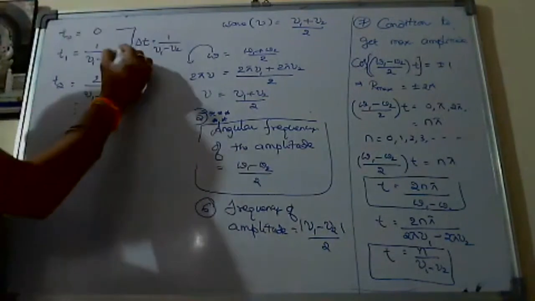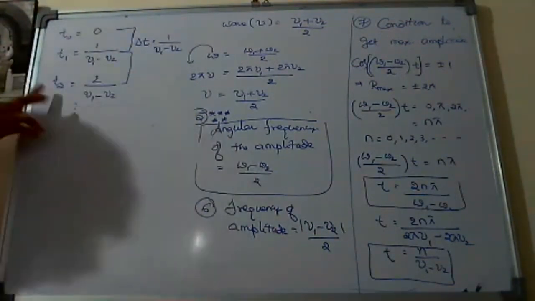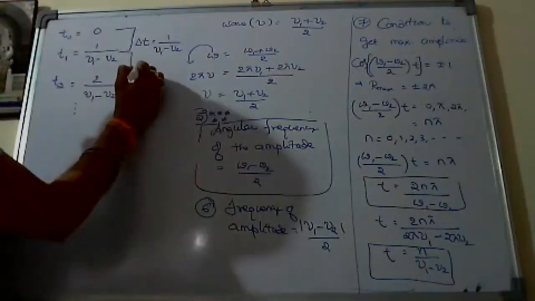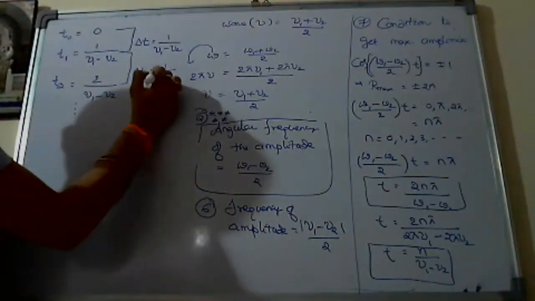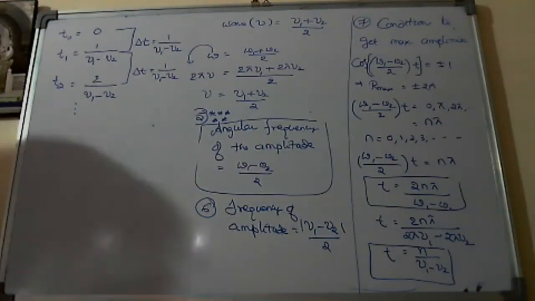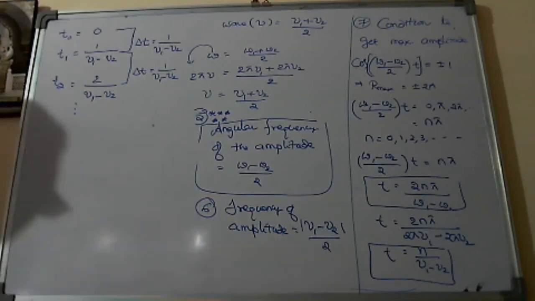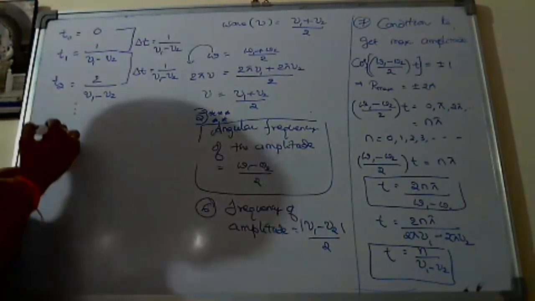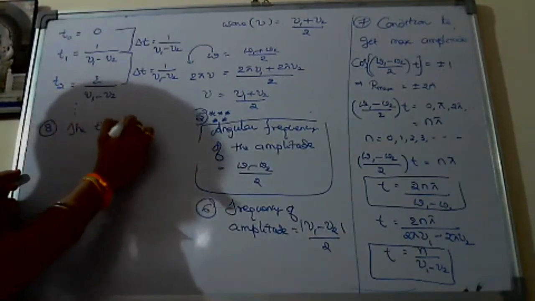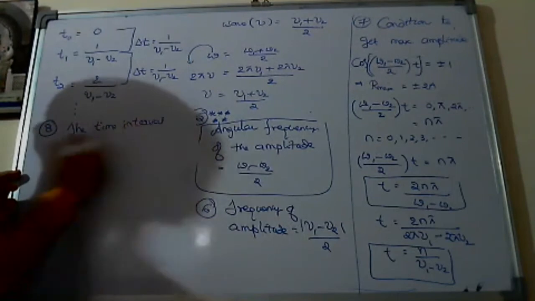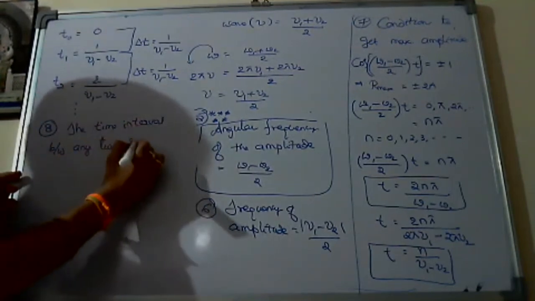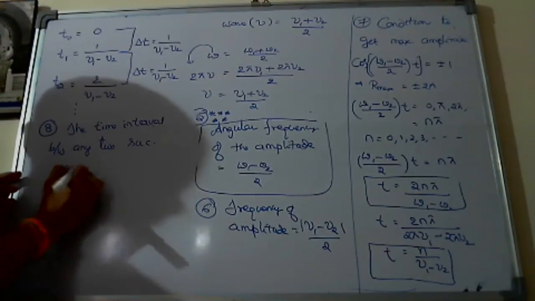Between any two successive maxima, the time interval is 1 by (nu 1 minus nu 2). This you must remember for numericals. So the next point, the 8th point: the time interval between any two successive maxima is constant, equal to 1 by (nu 1 minus nu 2).